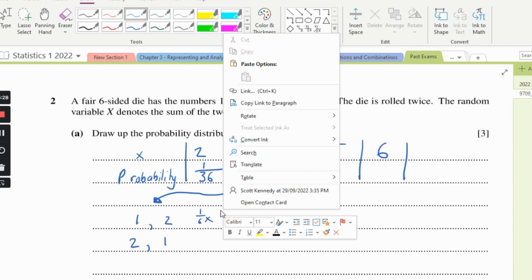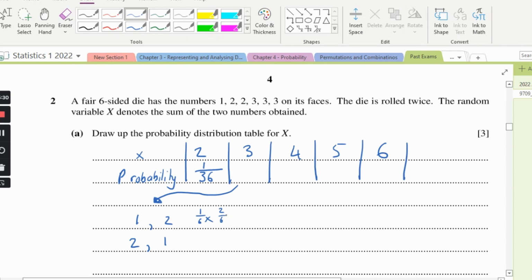Yep, 2/6. Whoops, yep, 1/6 times 1/6. And so we could actually just do this and then times it by 2. So altogether, that should give us 1/9, because we get 2/36, which is 1/18, and we times that by 2, which is 1/9.